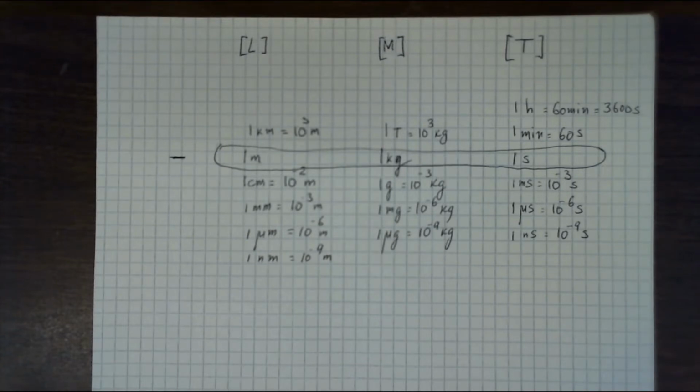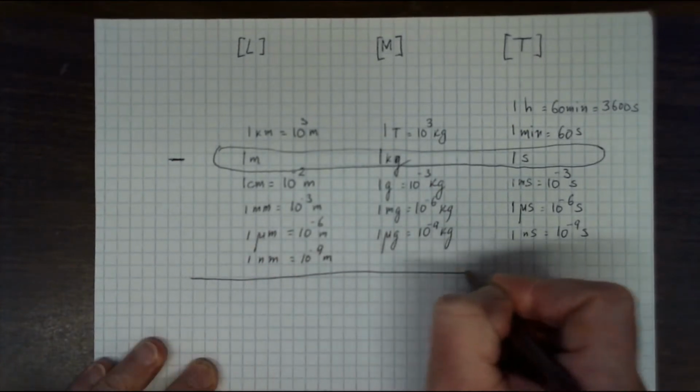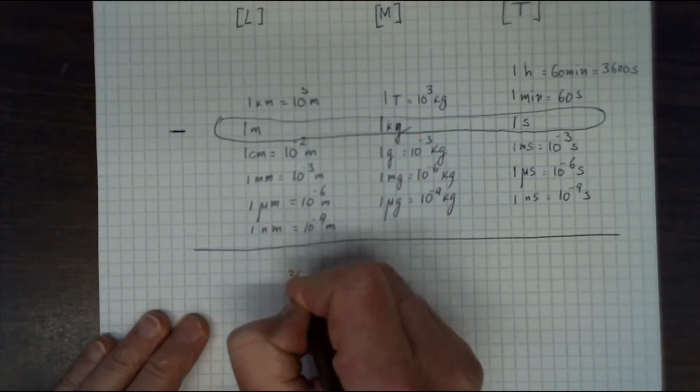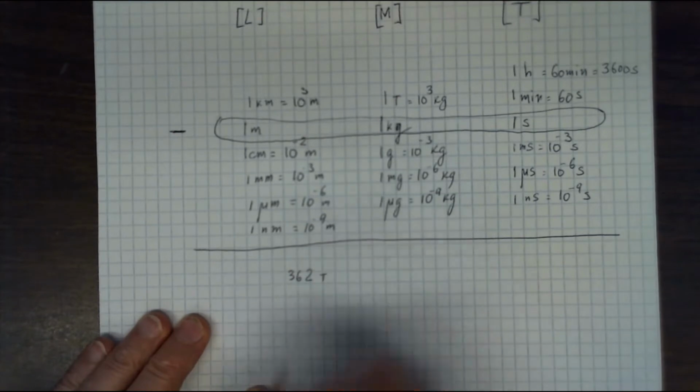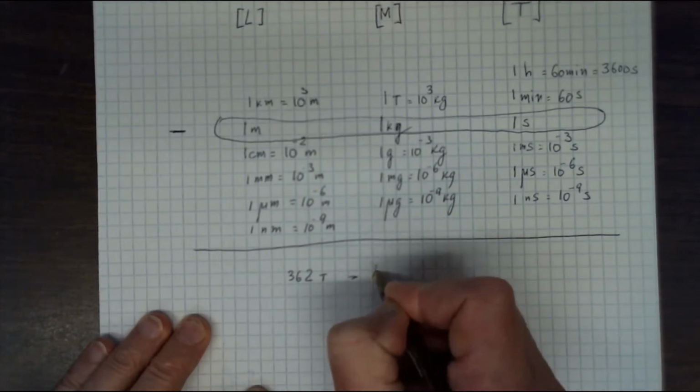The conversion is done using so-called chain link conversion. So, for example, 362 tons needs to be converted into kilograms.